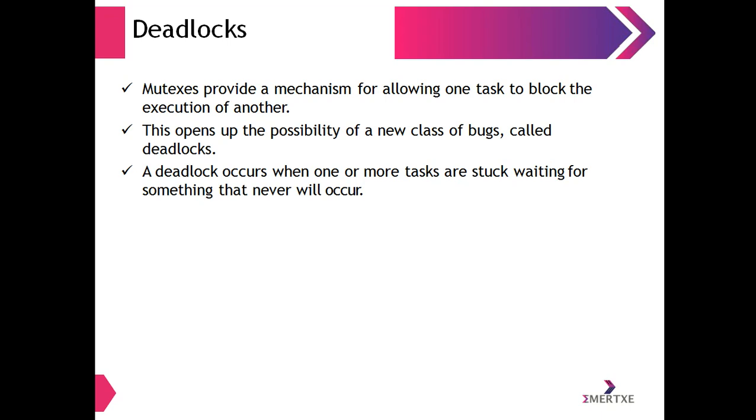This creates a specific bug known as deadlock, where both tasks get into an infinite loop of waiting or blocking. So this is the deadlock situation. We will conclude our lecture here today, and thank you.